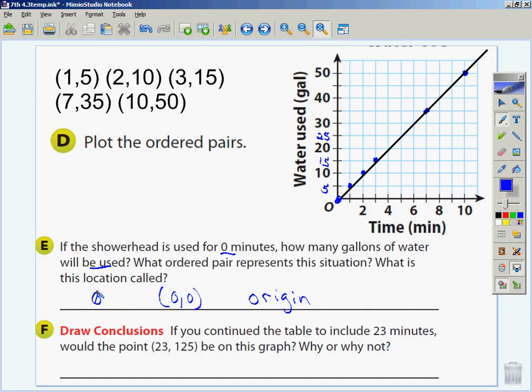It's a 0. I just put a line through it. It's called the what? Origin. That point 0, 0 is called the origin.